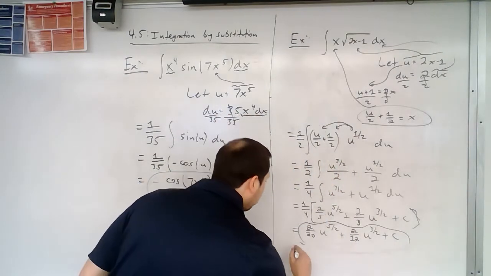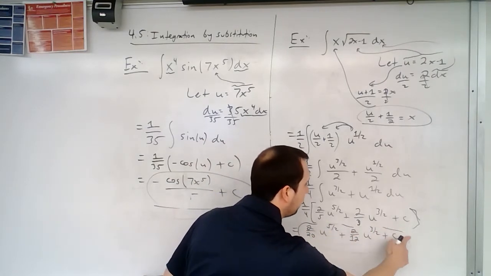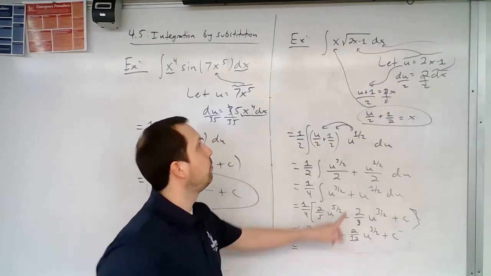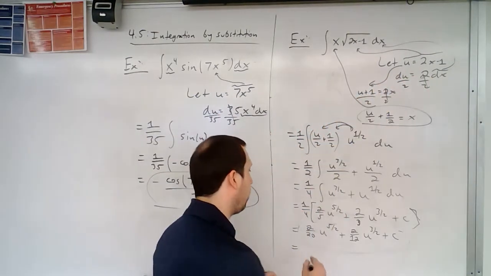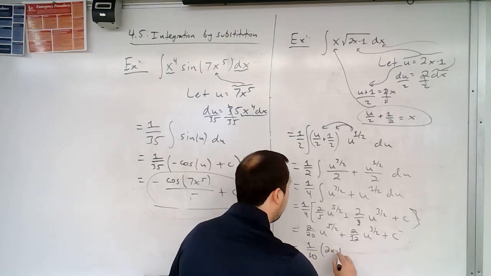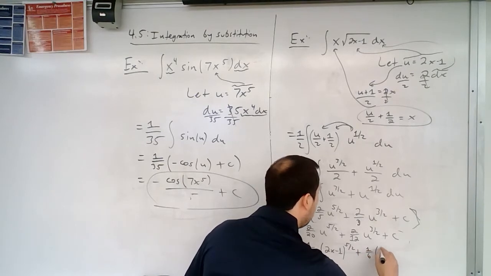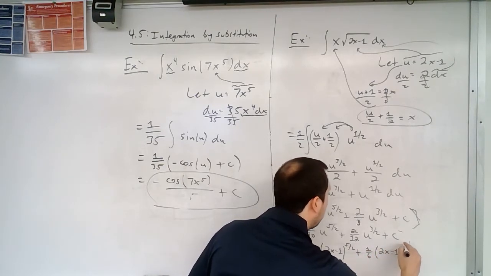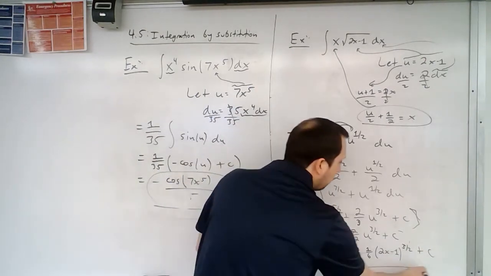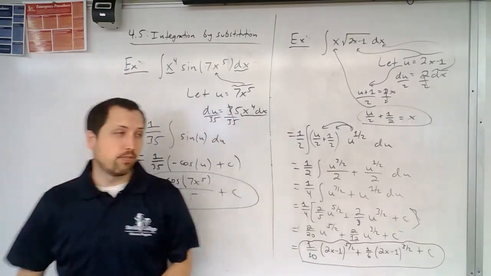I do want to substitute back in for x, so this is just the middle step here. So I indeed want to substitute back in 2x minus 1. So this would be 1 over 10, 2x minus 1 raised to the 5/2 plus 1/6, 2x minus 1 raised to the 3/2 plus c. So this is my final answer in terms of x.